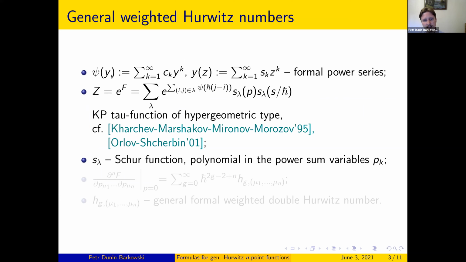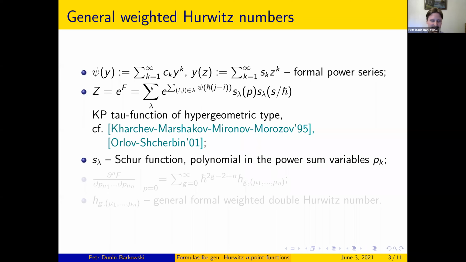Basically, consider the following formal power series. This whole thing will work in the domain of formal power series, so this is quite a general situation. Consider two formal power series, which we call psi of y and y of z. It might be a little confusing that the argument here is y and the second function is y of z.